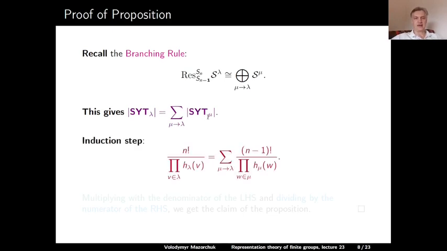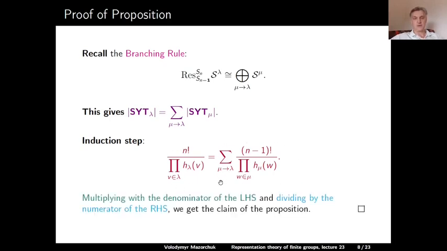So now if we plug the hook formula into this equality, we get on the left the expression of the hook formula for SYT lambda, and on the right the sum over all mu arrow lambda of the hook formula for SYT mu. So this we know by the branching rule. By the inductive assumption, we may assume that the right-hand side is correct. So the hook formula for the left-hand side really is equivalent to establishing this equality.